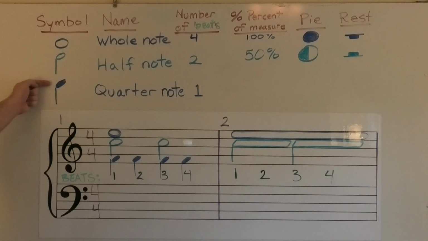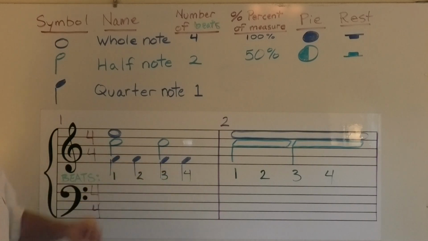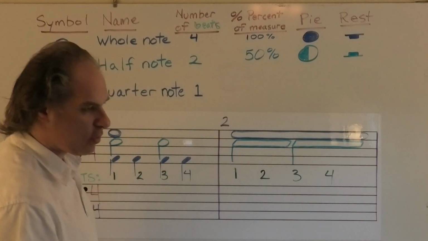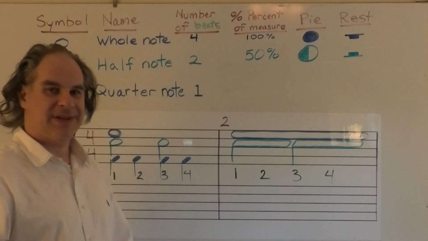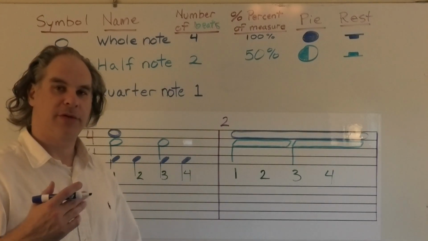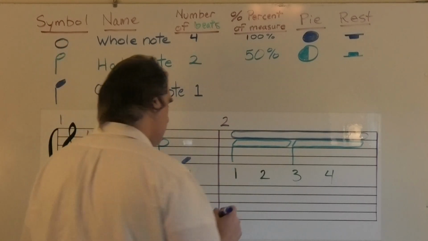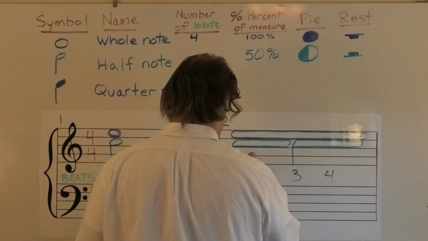It consists of a closed note head and a stem. The line going down out of the note head is the stem. 1, 2, 3, 4. If I were to draw the quarter note to illustrate the amount of time you would hold the note for, it would look like this.